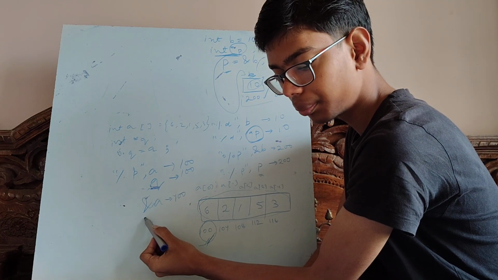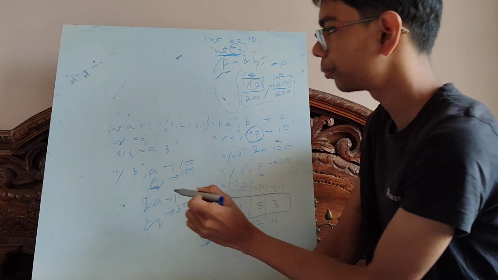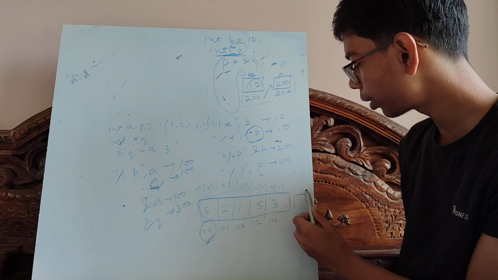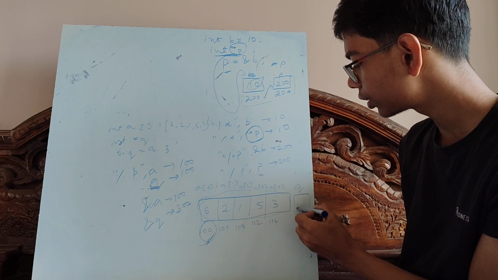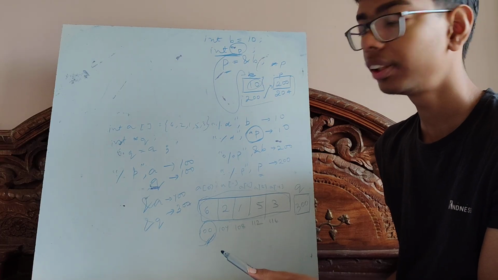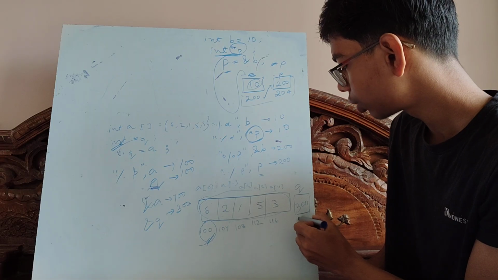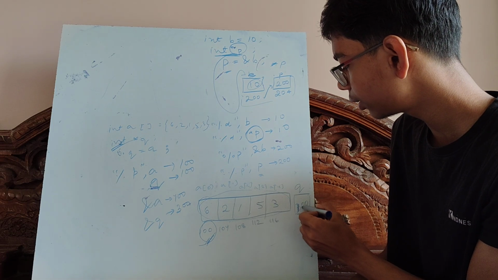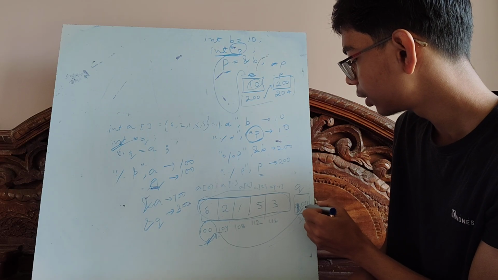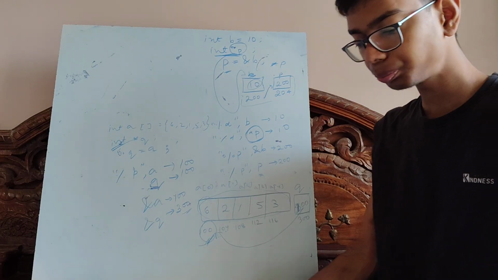If I print ampersand q, it will give me 300. Why? Because q is my pointer variable, which has its own address, and it contains the base address of this complete array.